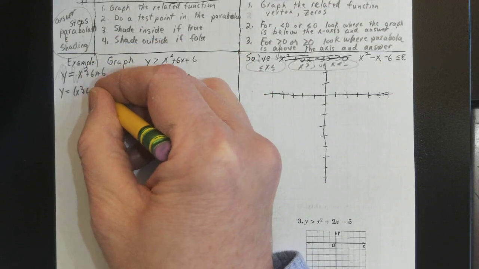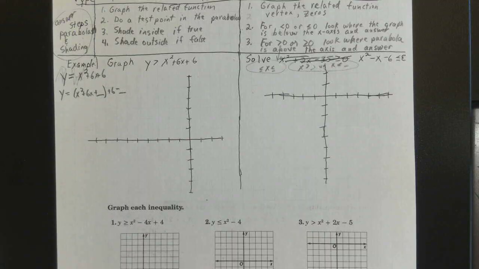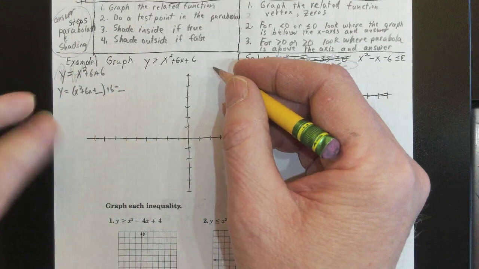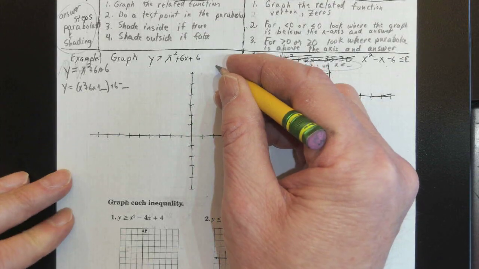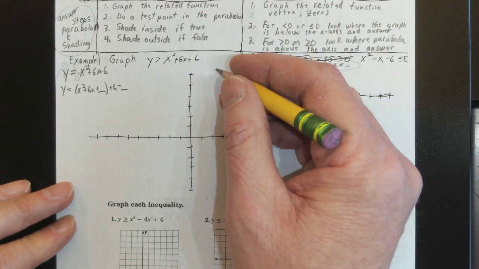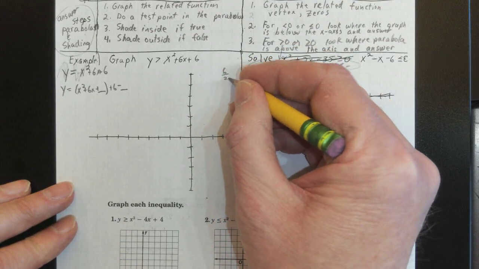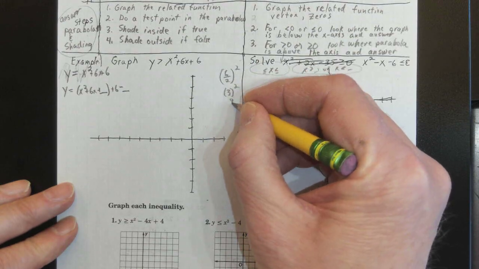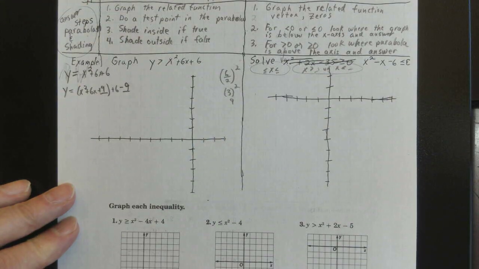So I'll go x squared plus 6x, and this will give us the vertex. That's a good point to have. Remember the 6 over 2 squared? That's 3 squared, and that's 9. So I'm going to add 9 here, subtract 9 here.